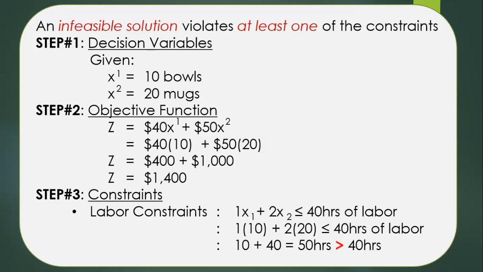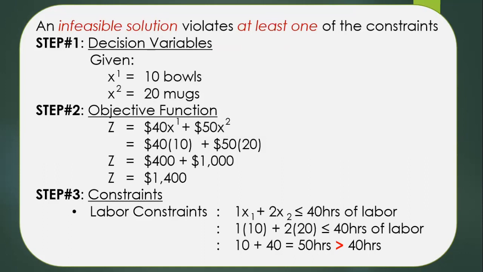Since we already have the values of x sub 1 and x sub 2, we will plug them into our formula. So 1 times 10 plus 2 times 20 less than or equal to 40 hours of labor. Now 1 times 10 is equal to 10. 2 times 20 is equal to 40. And therefore, 10 plus 40 is equal to 50.